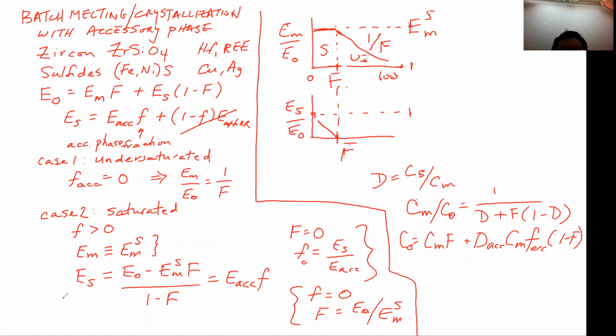You can rearrange all this, and then you will get an equation like this: Cm over C0 is equal to 1 over F plus D_ACC times (E0, my essential structural element, minus E_M at saturation) times F over E of my accessory phase, okay?